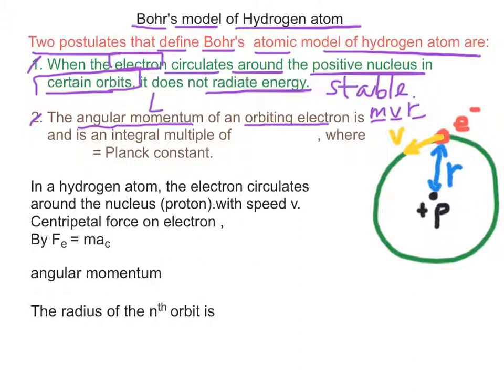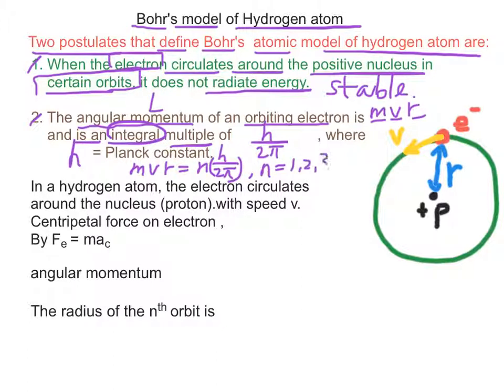And the angular momentum of the orbiting electron is an integral multiple of h over 2 pi, where h is Planck's constant. That is, mvr equal to n h over 2 pi, where n equal to 1, 2, 3, 4 represents the energy level state.